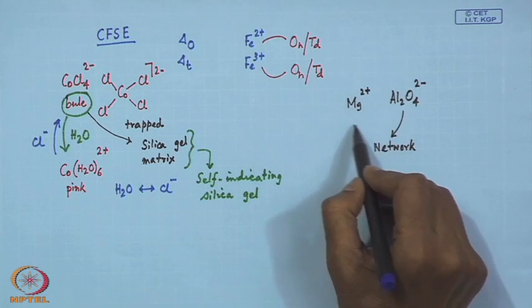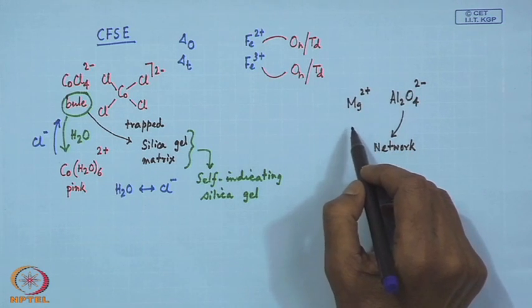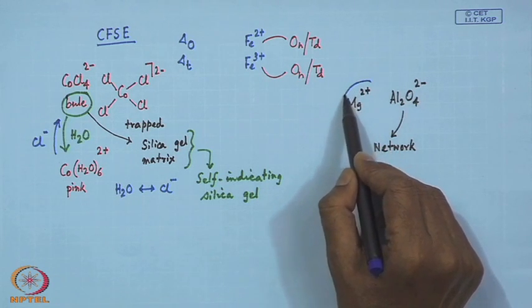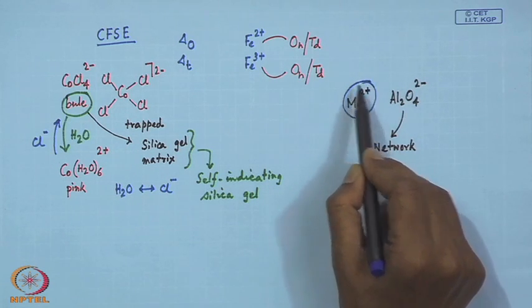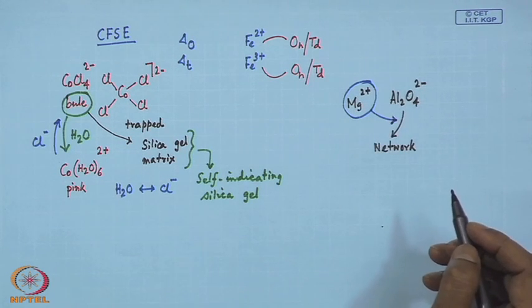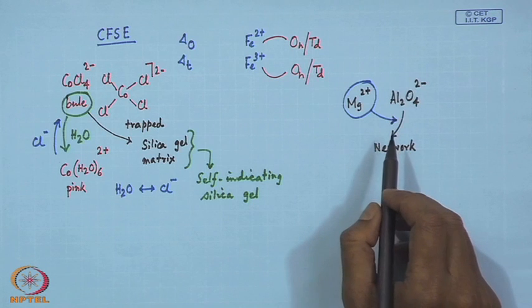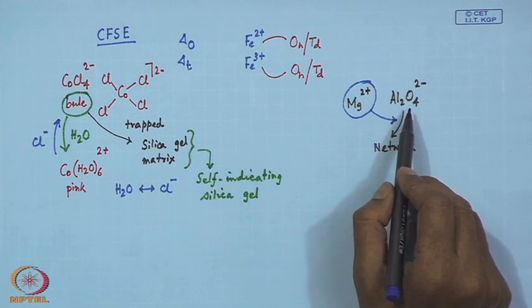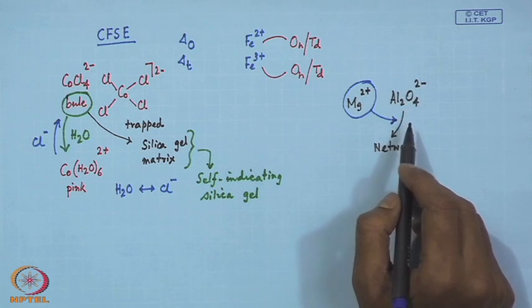Now, several other positions, cationic positions will also be available for Mg2 plus, and within this lattice magnesium 2 plus will enter and occupy several such positions by sharing the corresponding oxides as their ligands.